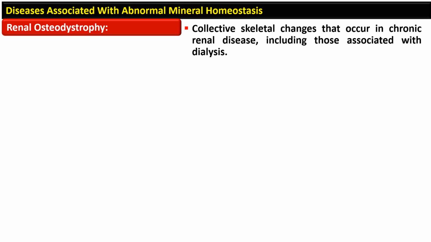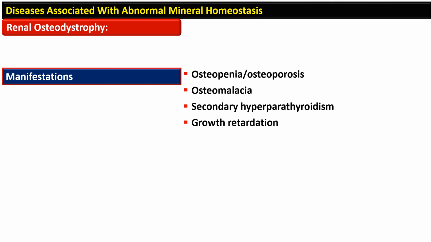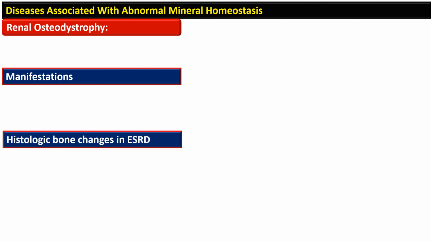Renal osteodystrophy refers to the morphological changes in the bone that are associated with chronic renal diseases, and these include all the changes that are associated with dialysis. Renal osteodystrophy manifests as decreased bone mass, that is osteopenia or osteoporosis, impaired mineralization of the bone, that is osteomalacia, secondary hyperparathyroidism, or growth retardation.